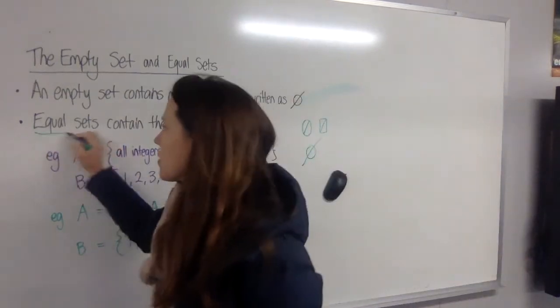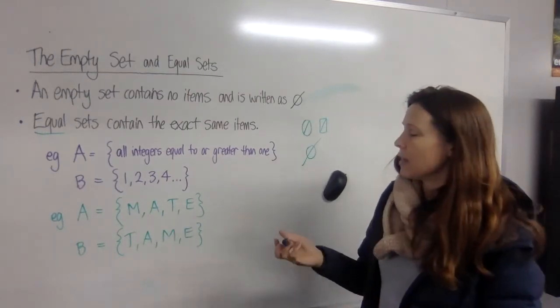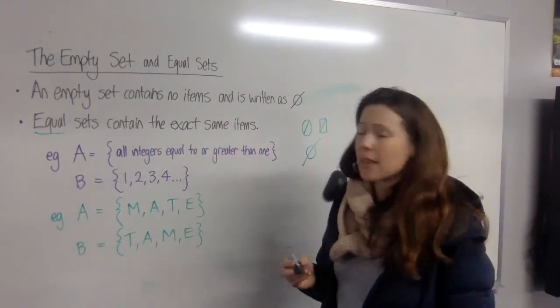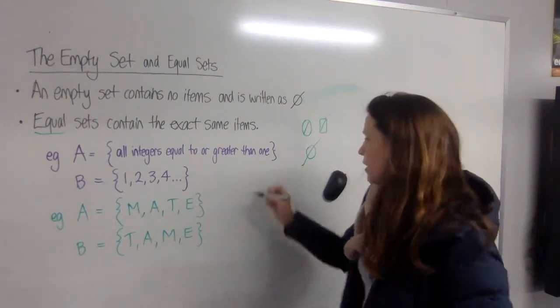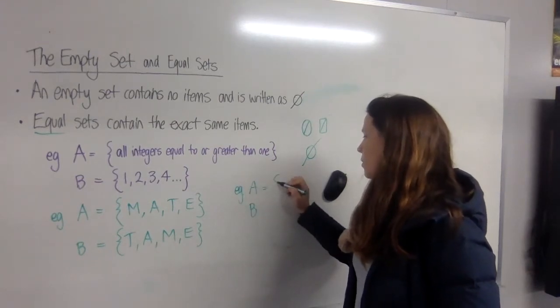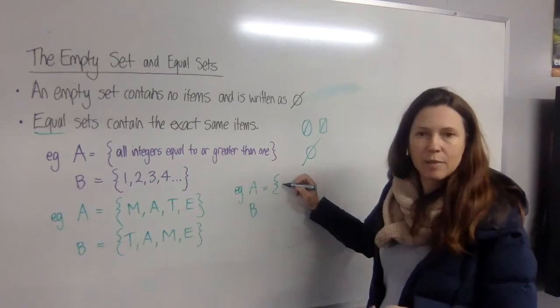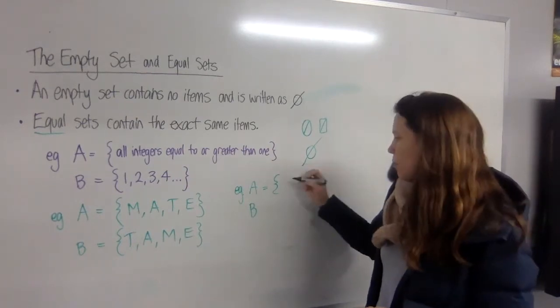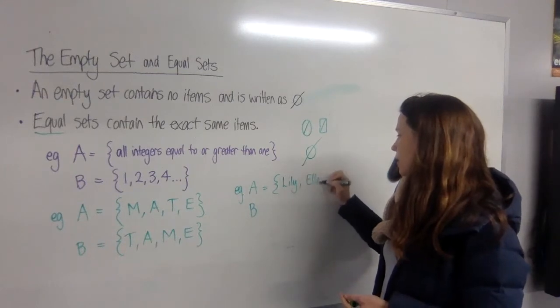Now, equal sets, nice and easy again. They're exactly as they sound. Two equal sets contain the exact same items. Now, they might be written identically. So you might have a set A and a set B where we've literally got the same things in there. And maybe they're letters, maybe they're numbers, maybe they're people. Perhaps we have Lily and Ellen in this set.